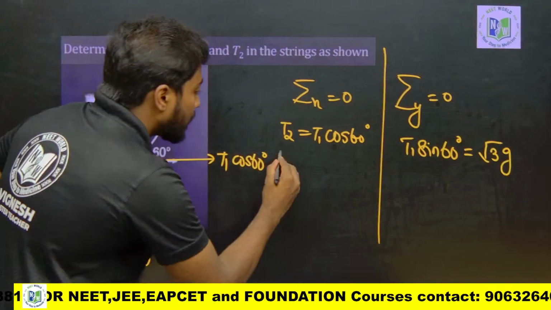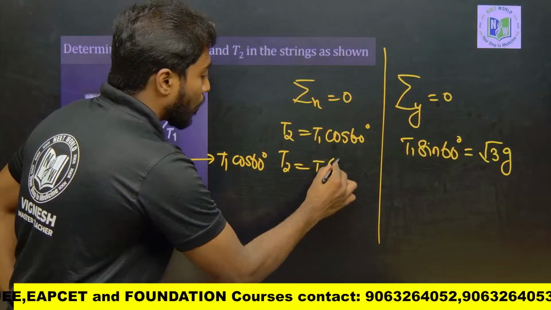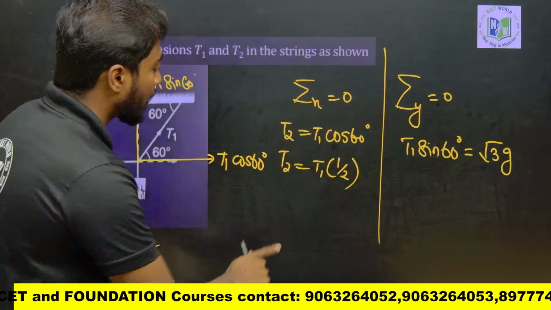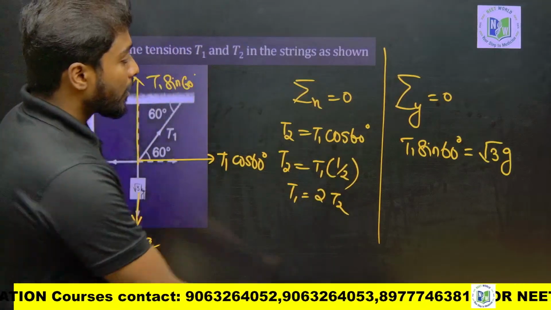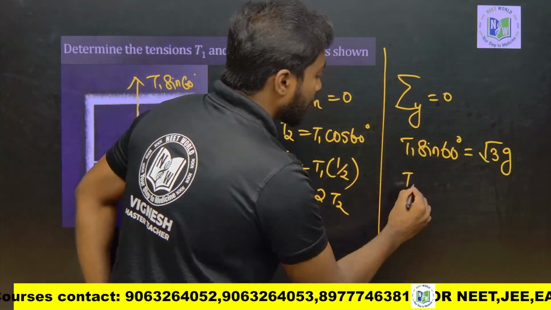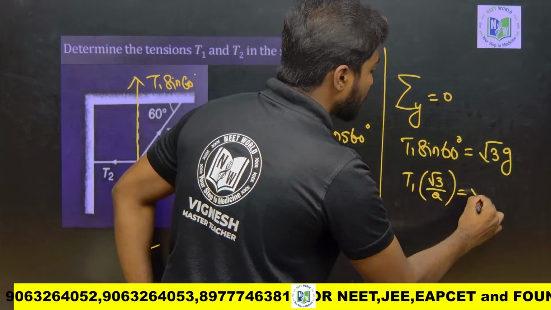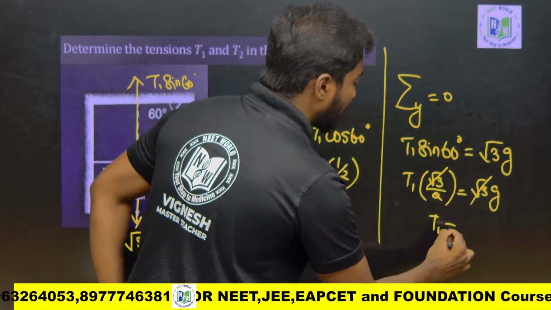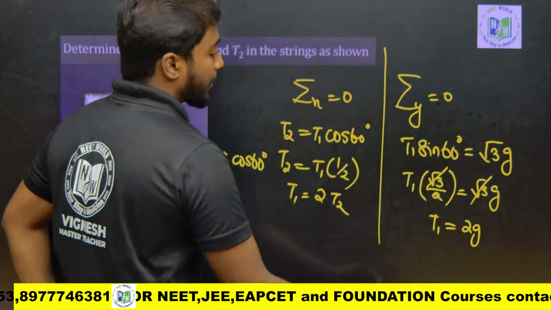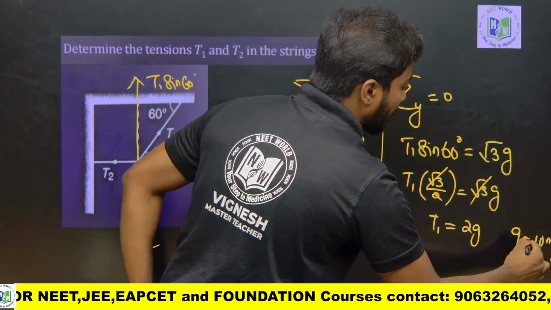Now T2 equals T1 times cos 60, which is 1 by 2, right? So T1 equals 2 T2. Now T1 sin 60, which is root 3 by 2, equals root 3 g. Root 3 cancels, and T1 equals 2g. Let me take g as 10 meters per second squared approximately.